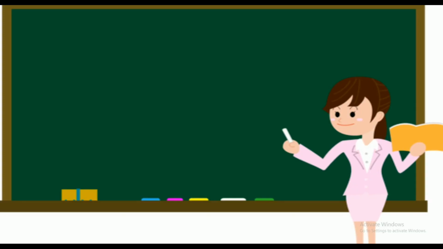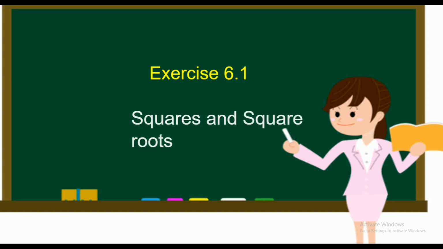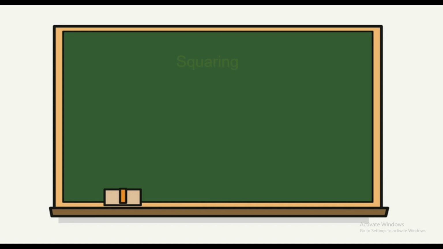Today we are going to start our exercise, that is 6.1 from the chapter Squares and Square Roots. Before proceeding to the exercise, let us do a quick revision. In the last lecture, we have learnt what squaring is.